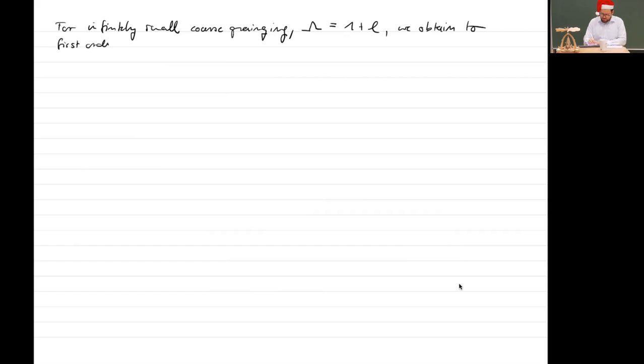So now we say that for infinitesimally small coarse graining, that means our momentum shell is very small, we say that this capital lambda is something like 1 plus L. We obtain to first order the following updating scheme.